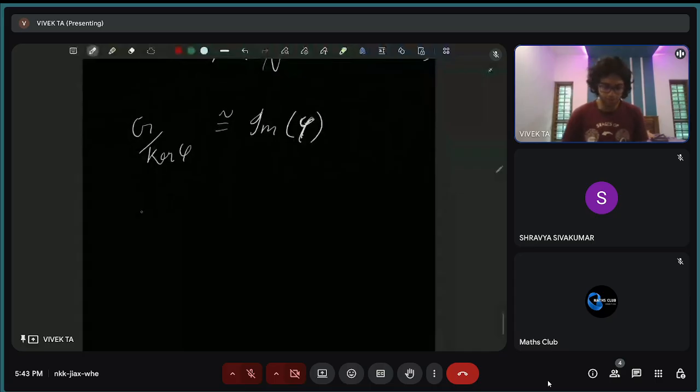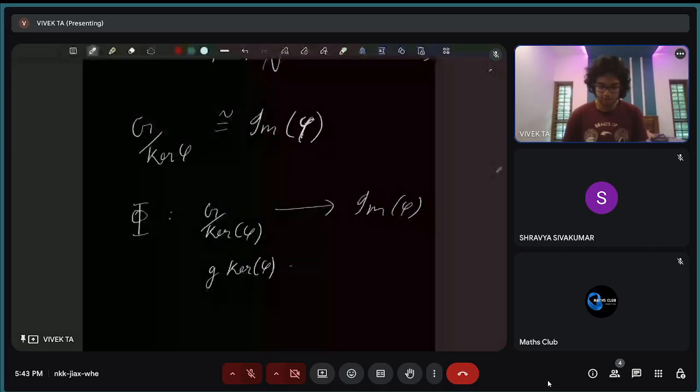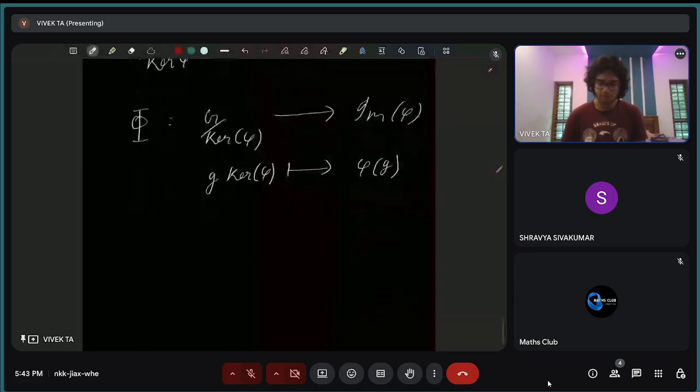A trivial map is possible, so I'll call it capital phi, from G mod kernel phi to image phi. Given g kernel phi, take it to phi of g. First of all, see if this is well defined.